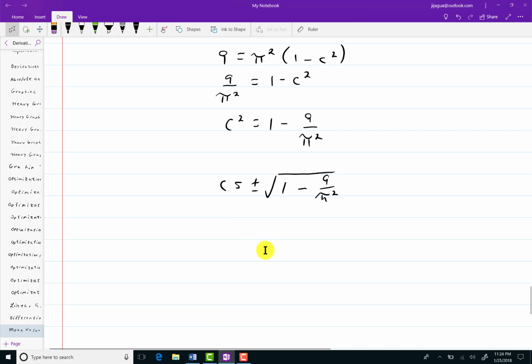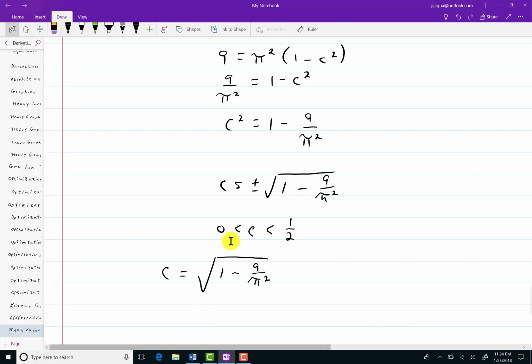Now, c is supposed to be between 0 and 1/2. So that takes away the minus sign. So c equals the square root of 1 minus 9 over pi squared. Just to be on the safe side, I'm going to check to see if this is in between 0 and 1/2. So I will go to the calculator to make that calculation.